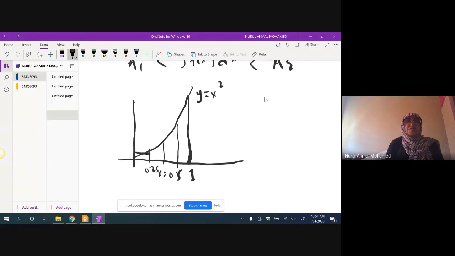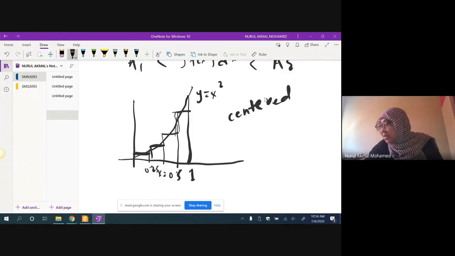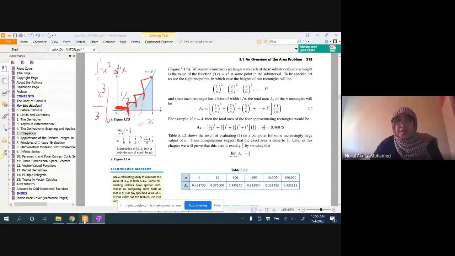So you draw the rectangles, for this one also, so this one and this one. So this is by using the center point. You have several ways of approximating the area under the curve.